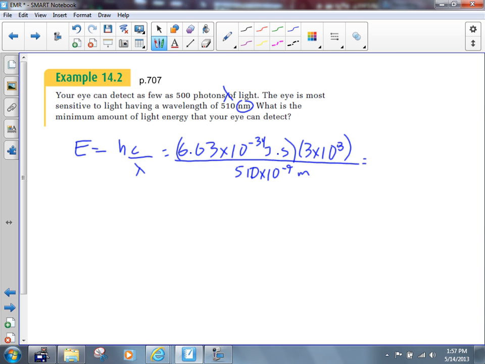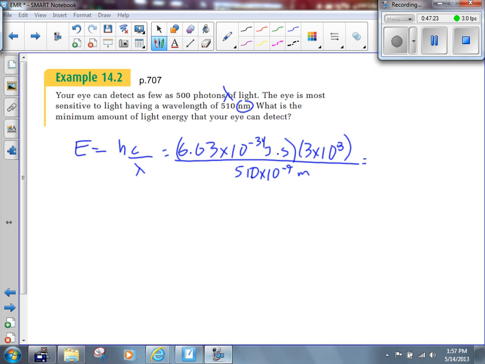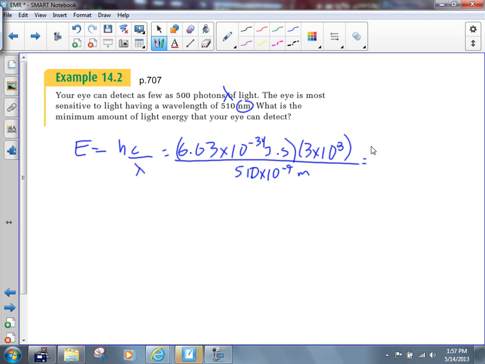Gives us an answer for the energy of one photon, and it's measured in joules. We get 3.9 times 10 to the minus 19 joules. The energy of a single photon, 3.9 times 10 to the minus 19 joules.